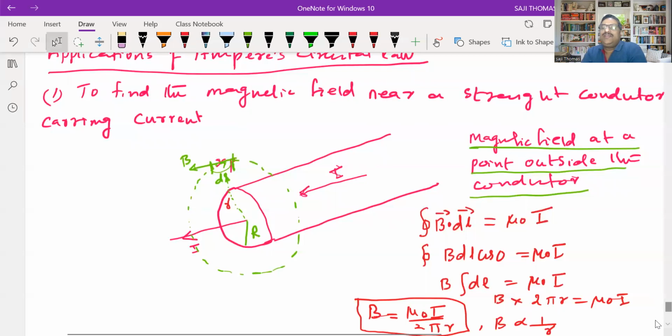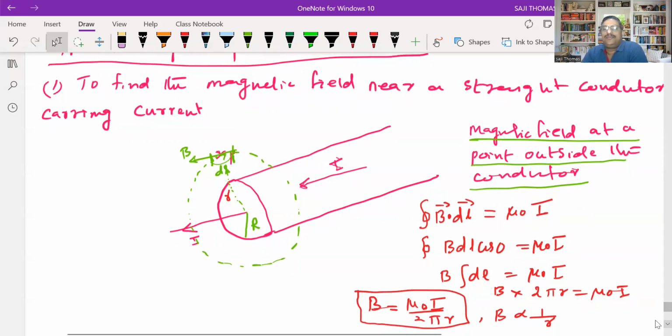We found the equation for the magnetic field at a point outside the conductor. We imagine an Amperian loop outside, and remember, on the Amperian loop, B and dl are parallel. So at a point outside, B is inversely proportional to r. B is the strength of the magnetic field.